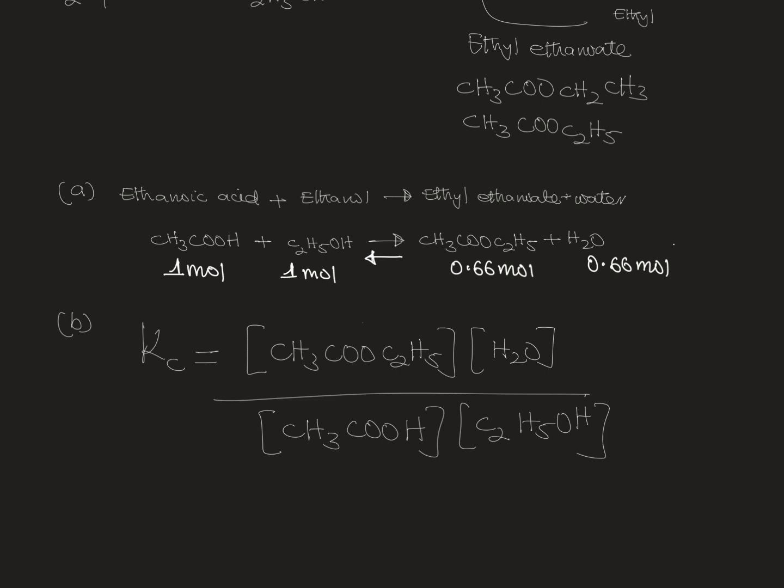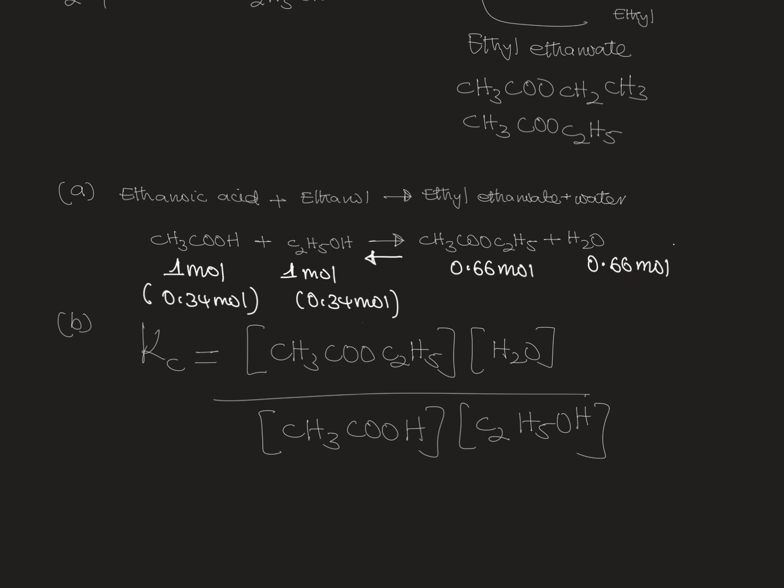So how do I know how many moles were involved? Then I have to subtract, right? 1 minus 0.66, it means that 0.34 moles of ethanoic acid was involved in the reaction. The same thing, 0.34 moles of ethanol was involved in the reaction to produce 0.66 moles of ethyl ethanoate and 0.66 moles of water.